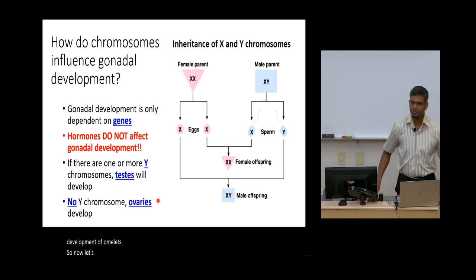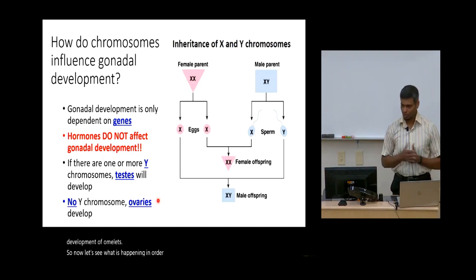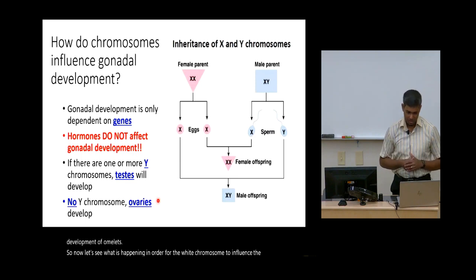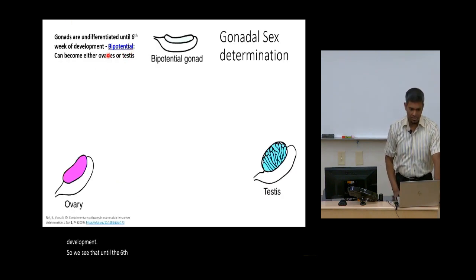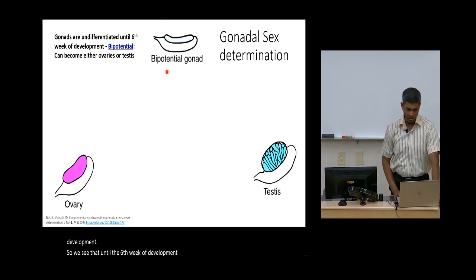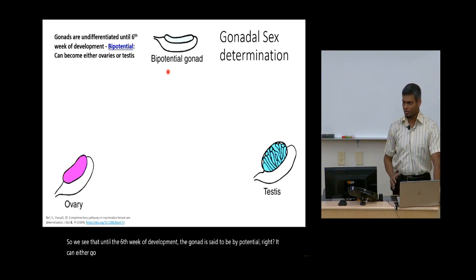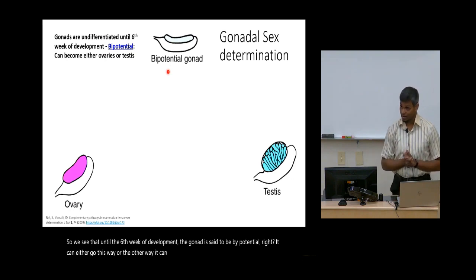So now let's see what is happening in order for the Y chromosome to influence the testes development. Until the 6th week of development, the gonad is said to be bipotential, right? It can either go this way or the other way. It can become a testes or an ovary.